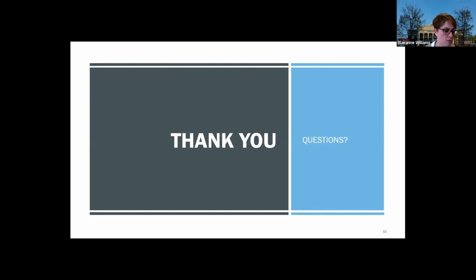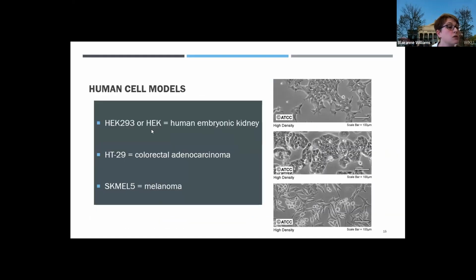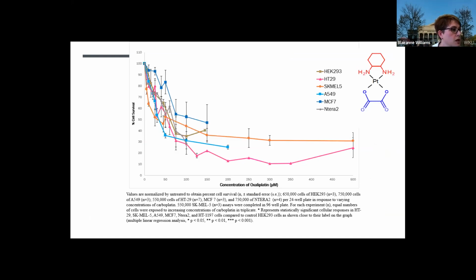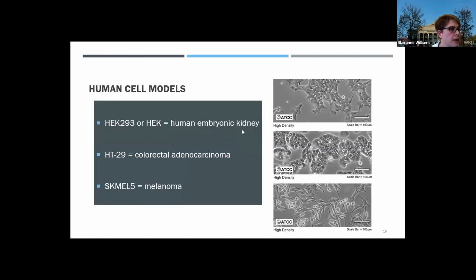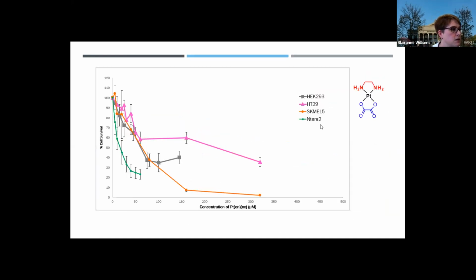And then again, I didn't write that down, I don't remember what it is now for oxaliplatin off the top of my head. That was for the clinical, but for our actual platinum oxalate, it's about 60 as well, I think. No, it's a little bit higher than that. But they're slightly different.